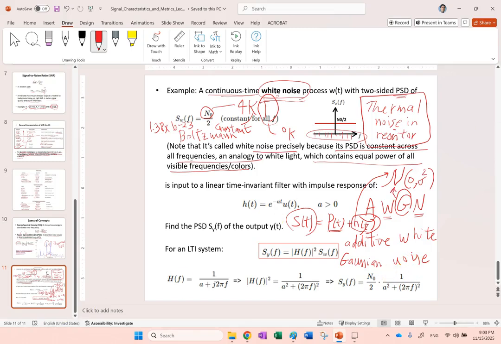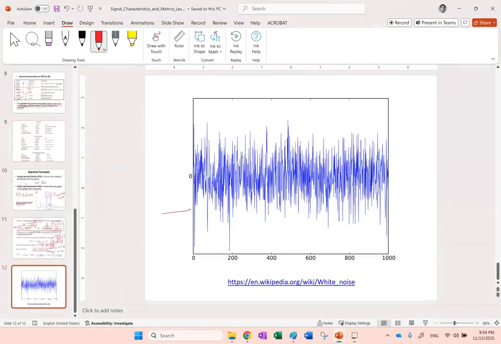Now, if you're wondering how white noise or white Gaussian noise looks in the time domain, let me show you that. It looks just like that, okay? You see that the signal is all over the place. You don't really see any pattern. The average of the signal is 0, but these amplitudes that you see could or could not follow a normal distribution or an arbitrary one.